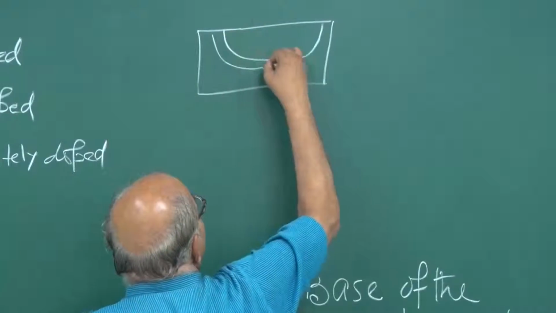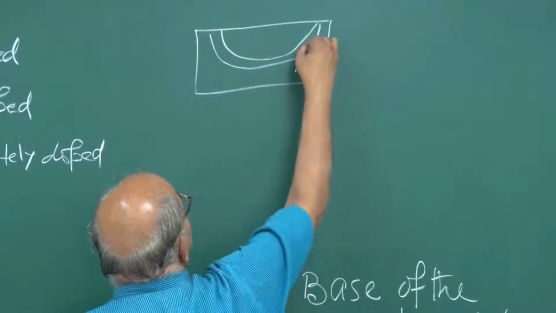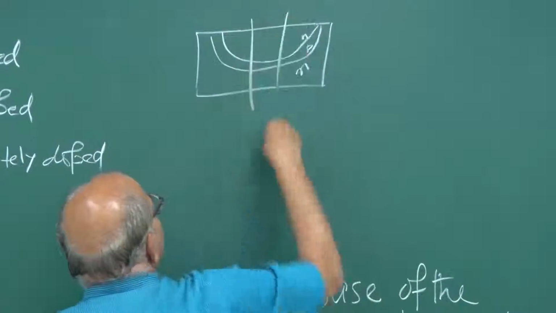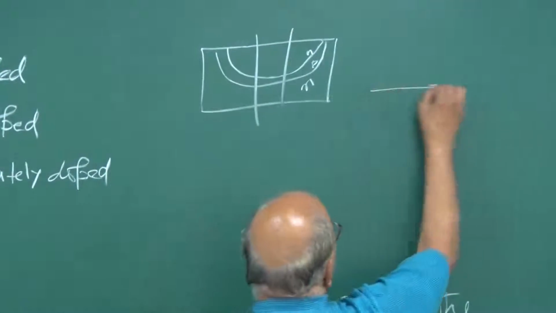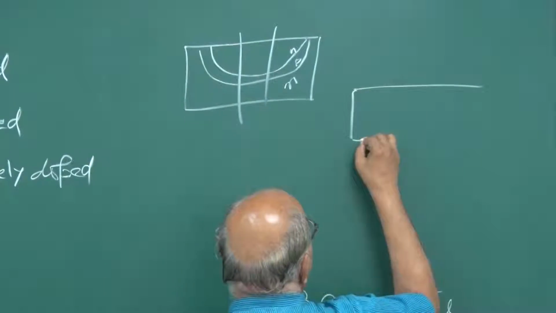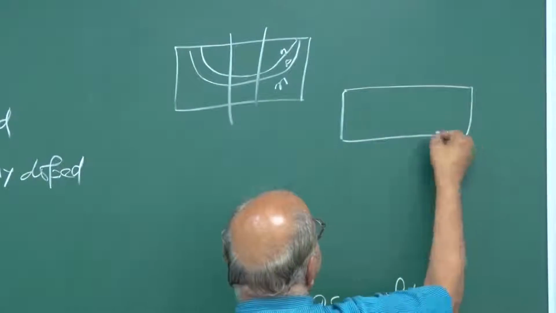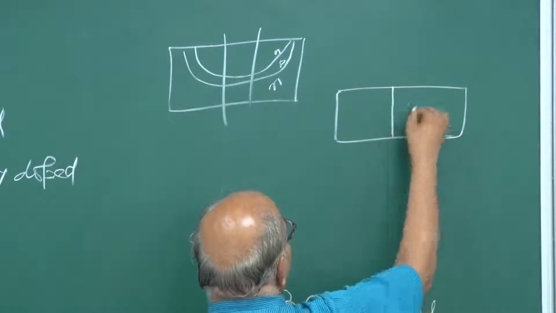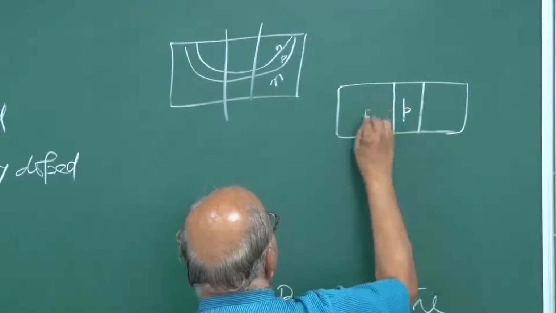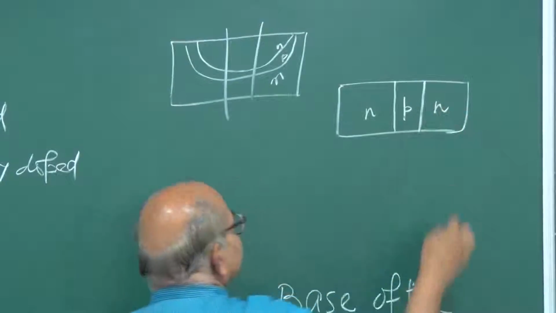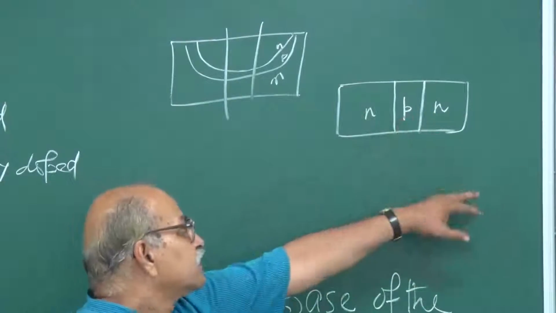If you have this kind of NPN structure, and I take this middle portion and rotate it by 90 degrees, I can show it like this. This is that sandwich layer, this is that N, this is that N. So it is an NPN transistor.